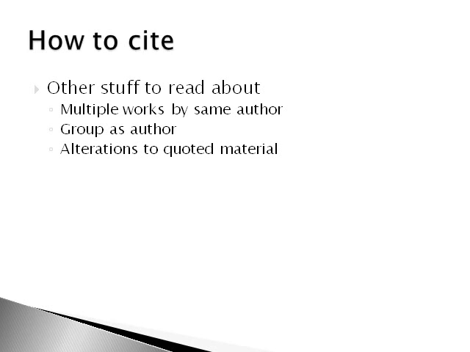If you're going to alter quoted material, either inserting words or deleting words, because sometimes there's a quote and they say something the perfect way, but the way they said it doesn't quite fit the sentence structure or the paragraph structure you're trying to work with. Maybe you need to change the tense of a word or a pronoun. It'll tell you what to do when you need to do those things.